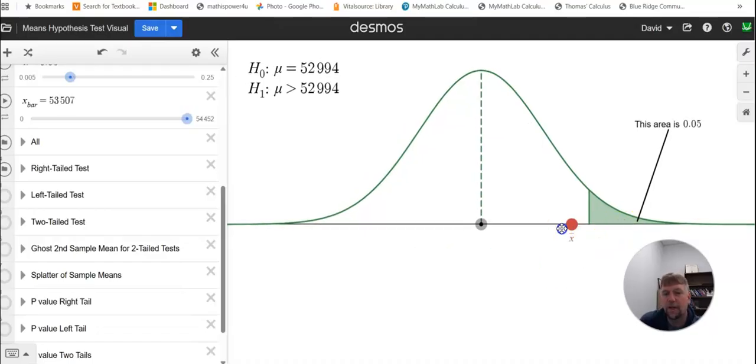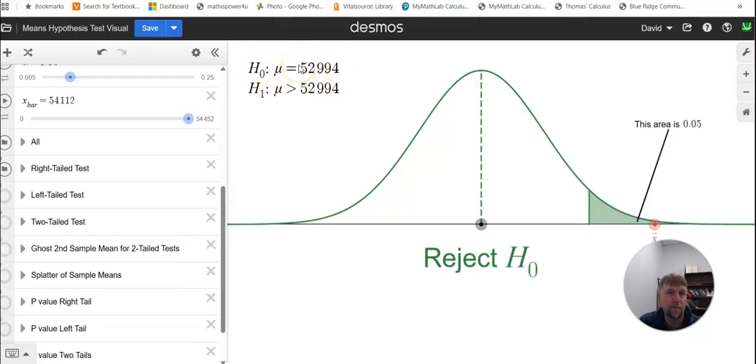So it could be that it should have been down here, but because of a sample that wasn't representative of the population, I ended up way up here. And because of that, I concluded that this is not true, that the mean is actually greater than the 52,994, when actually that was true.